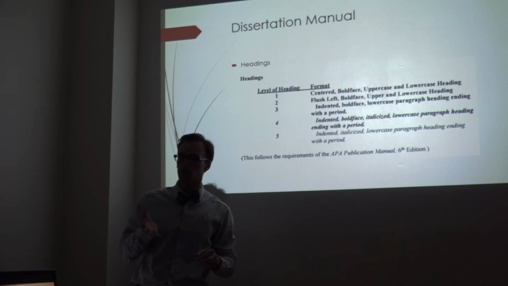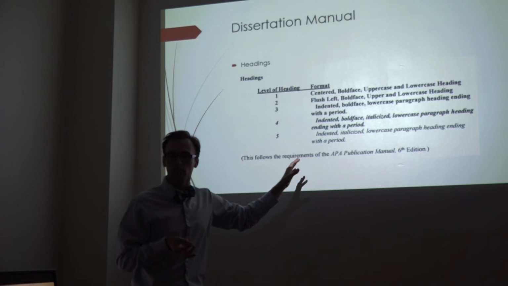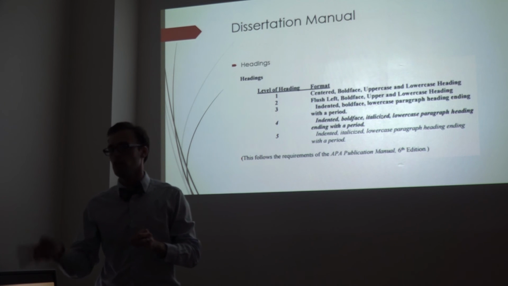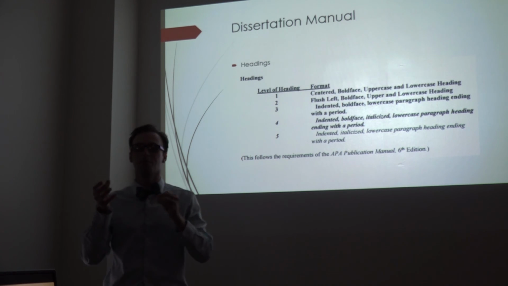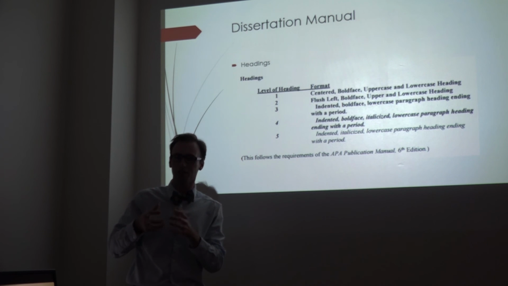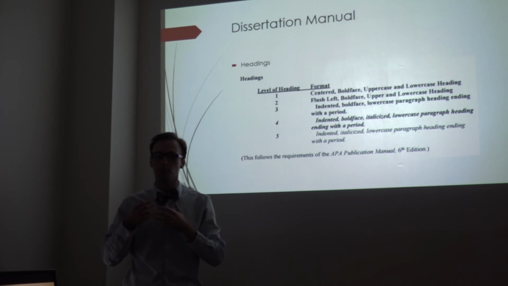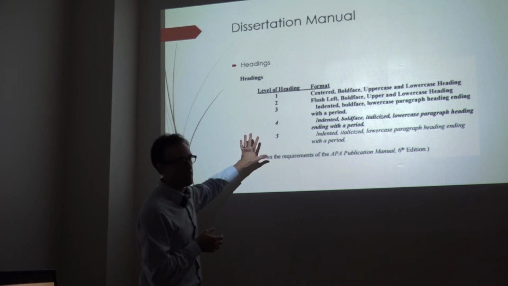Okay, wrap up really quick. A couple of things for the dissertation manual. Chicago has its own style for headings. Do not use that style. I know it's confusing, but if you're writing a dissertation and submitting that dissertation to the library, we require everybody, for the sake of consistency, to follow the heading style of APA.